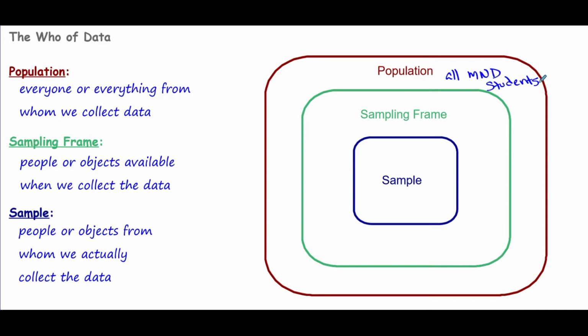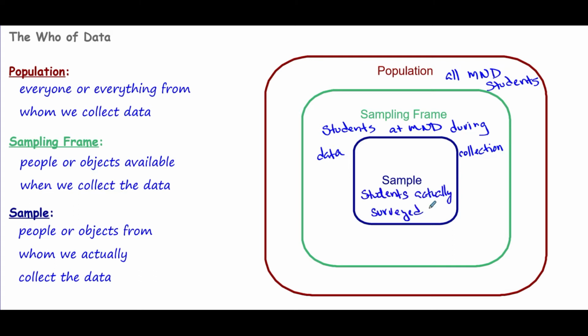Obviously not every student is at school every single day. So my sampling frame would be the students who are at school on the particular day that we collect the information. And still, it's too time consuming to get the information from all of the students who are in the building on this particular day. So we're going to take a sample. Maybe during block 3-4, we randomly choose 5 students from every classroom. That would be our sample. So the students that we actually survey is the sample.